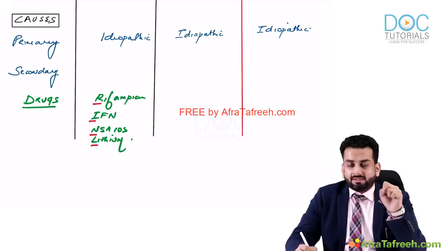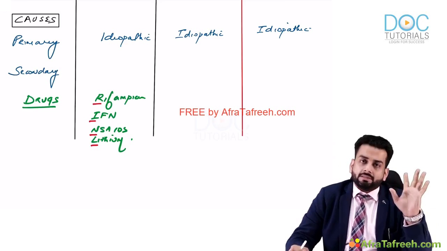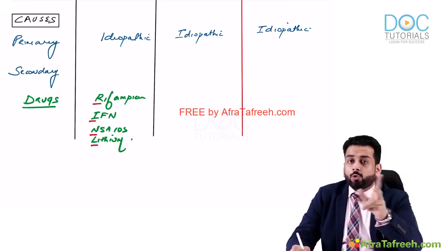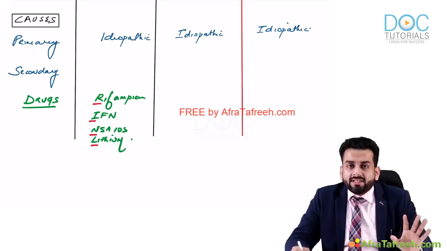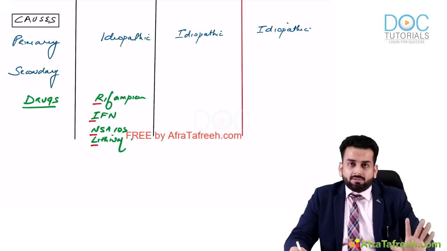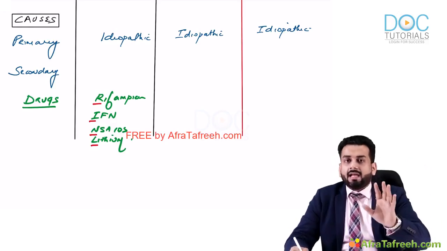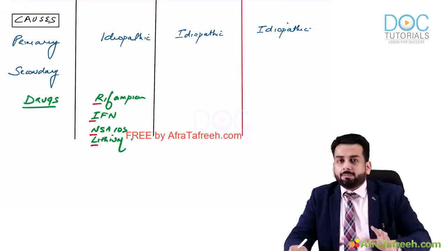Coming to FSGS. Now see, FSGS is a very, very notorious entity. Why? I would like to tell you for 2 to 3 reasons. Because it is associated with a very bad infection, because it does all the bad things, and that is why it stands from a distance and smirks at the patient.